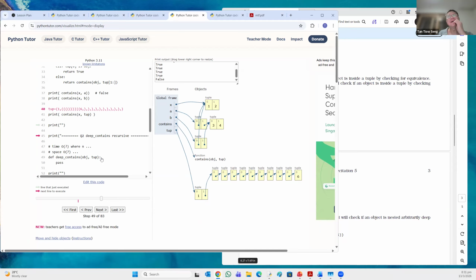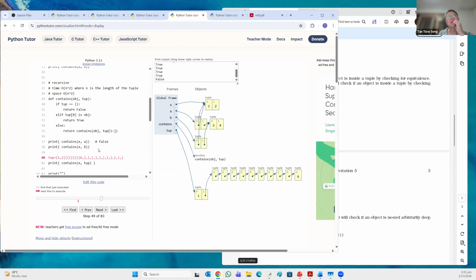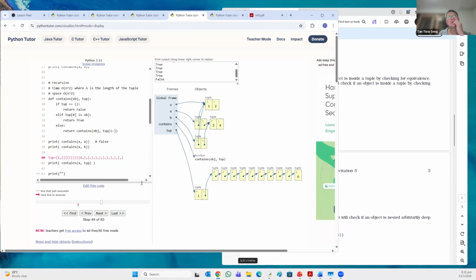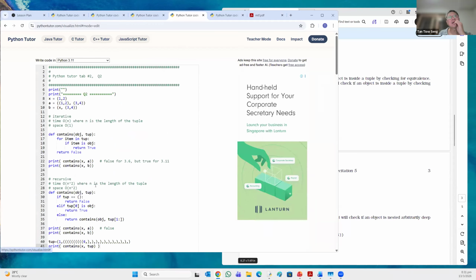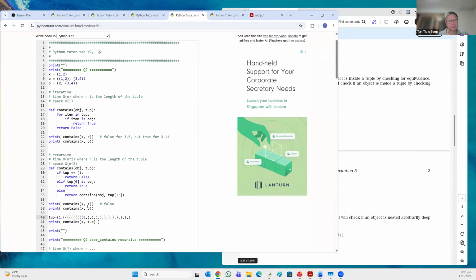Yes, Prof. What is your conclusion again? I would say O of n, because it's just the length of the call stack. Let me try one more. I'm afraid of this one, actually.